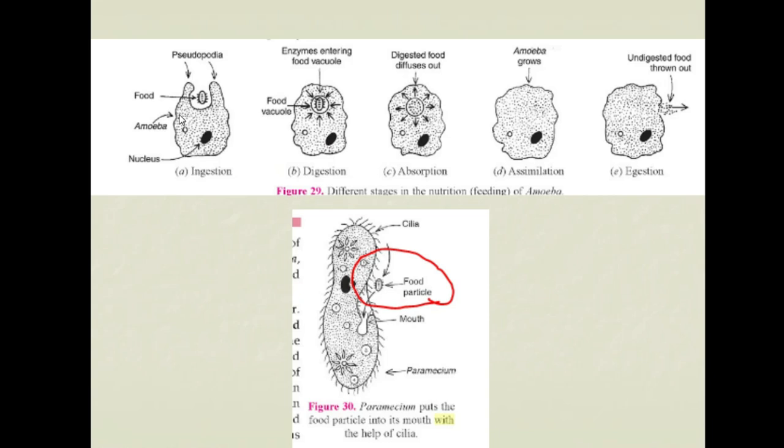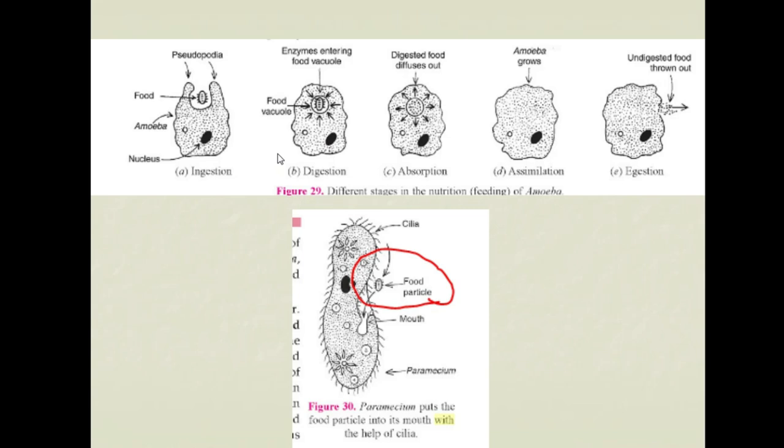This is also another picture which portrays the process of nutrition in amoeba: how the amoeba captures the food, forms food vacuole, then digests the food, and then assimilation, that is growth of the amoeba, takes place. Finally, undigested food is thrown out.